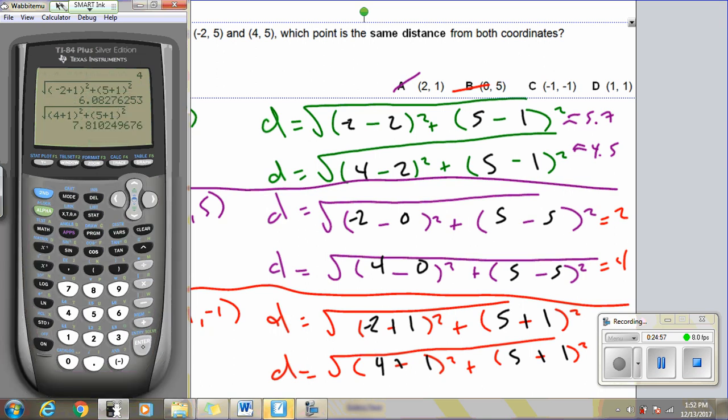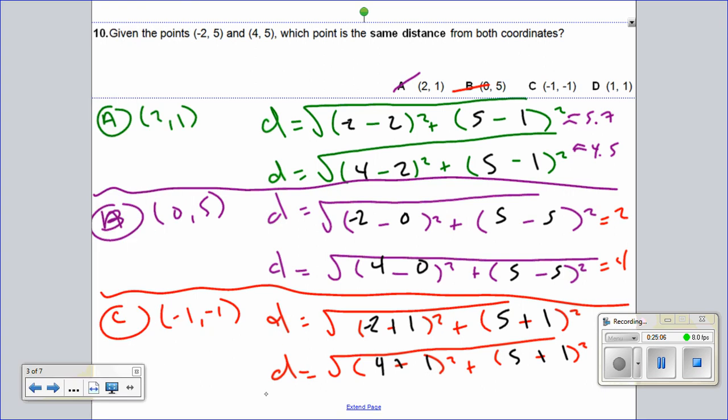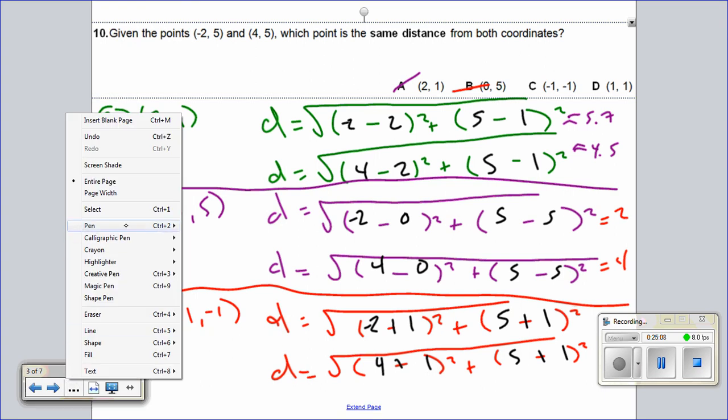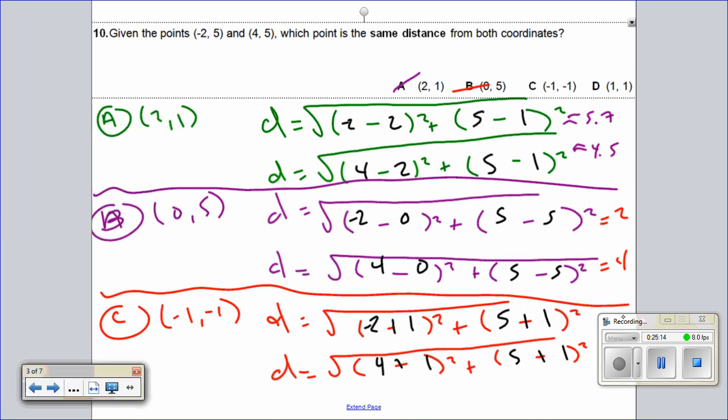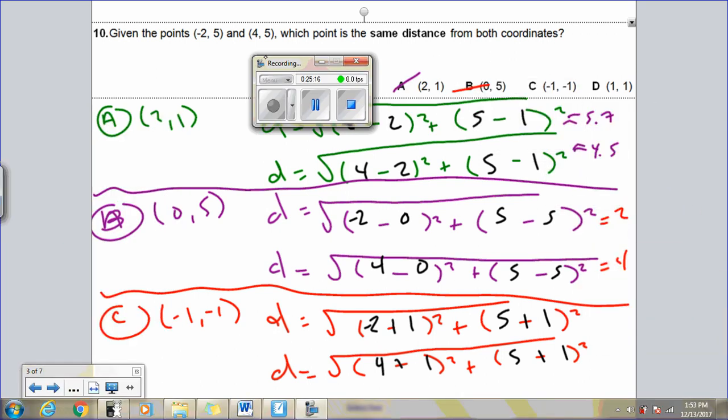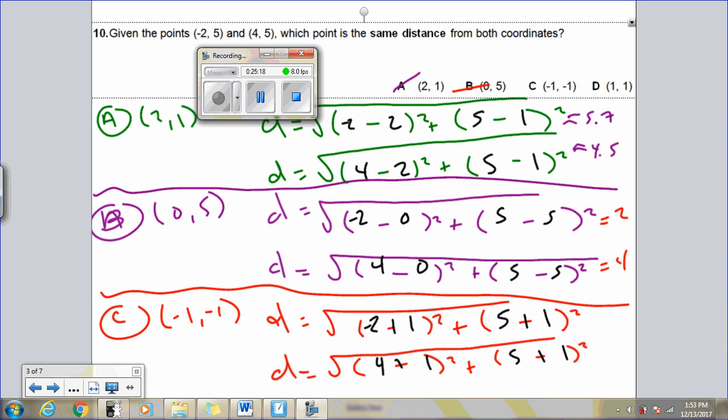So about 6.1 and 7.8. So it's still not quite there yet. 6.1 and about 7.8.